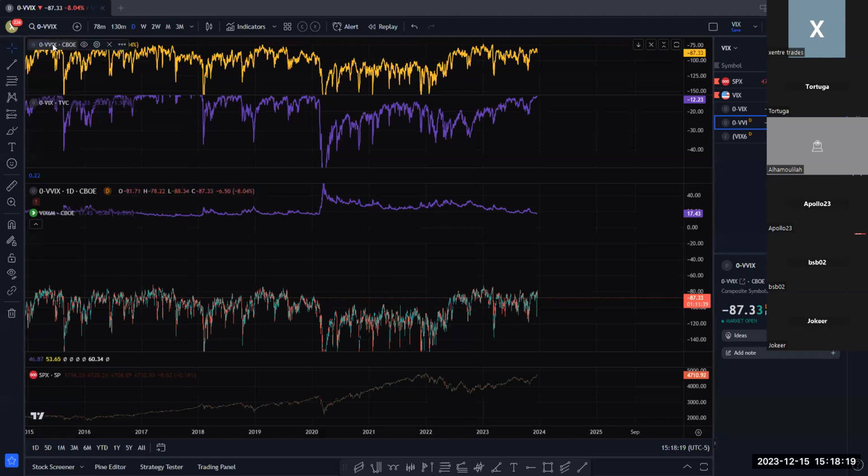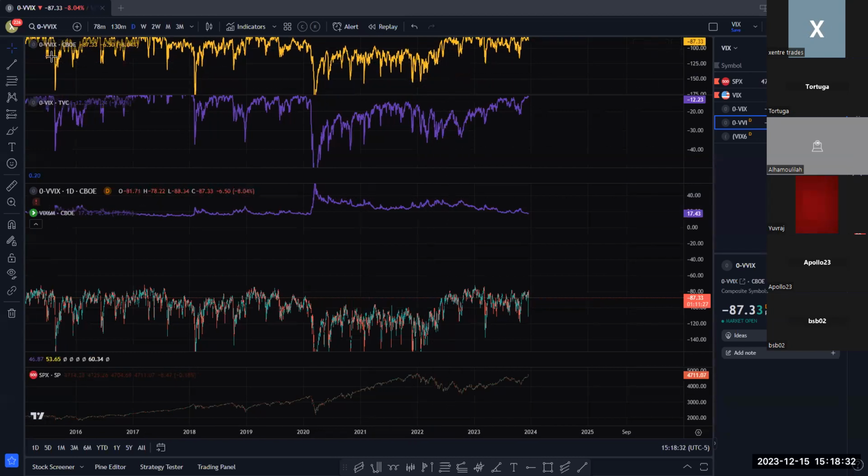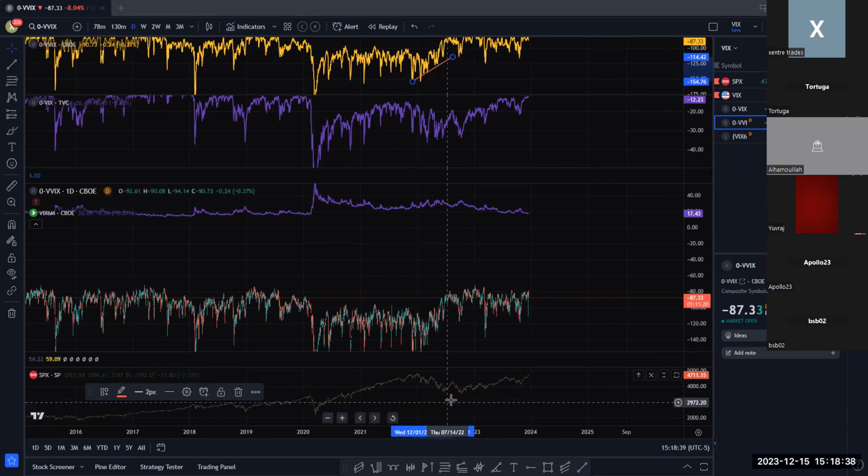So if VVIX comes before VIX, that also means it comes before SPY, which I have here. As you can see, SPY hasn't bottomed yet, but then it will, right?